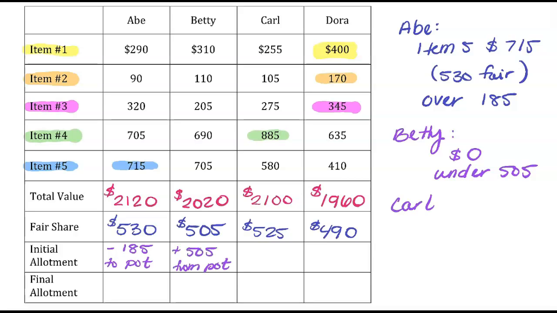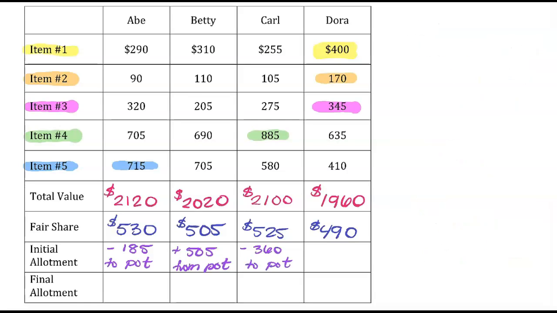Carl received item 4, which in his eyes is worth $885. Since he considered $525 to be fair, he is over by $360, so he needs to pay $360 to the pot. And finally, with Dora, she received items 1 through 3 with a total value of $915 in her eyes.